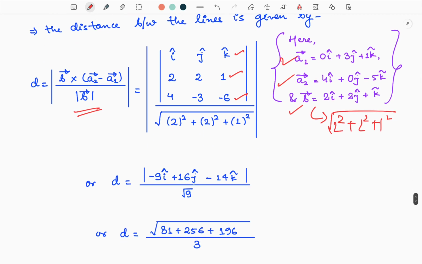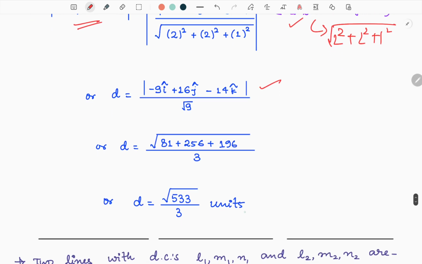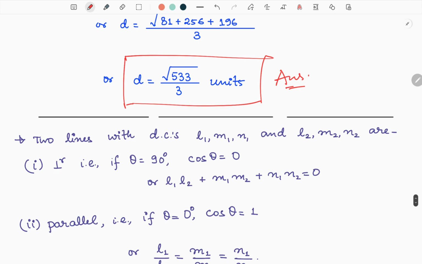So the numerator part is coming as minus 9 i cap plus 16 j cap minus 14 k cap, and take the modulus and solve it, you will get the answer as under root 533 upon 3 units. So this is the answer of 33a.